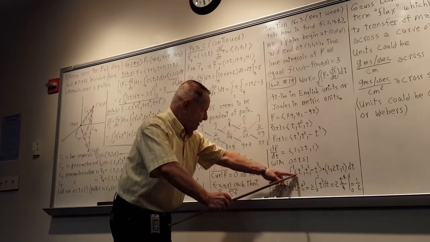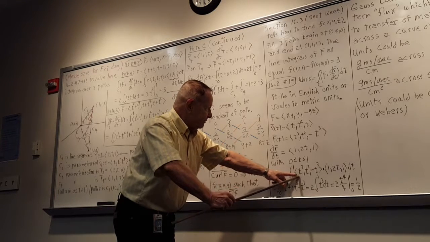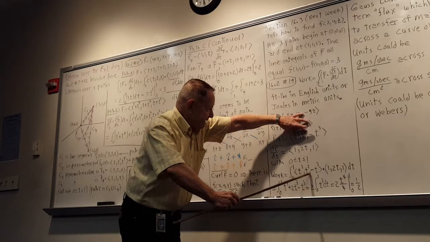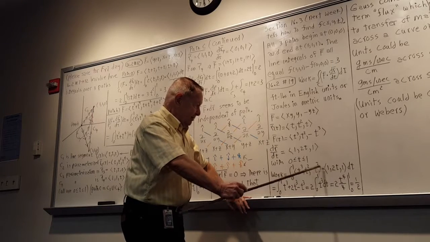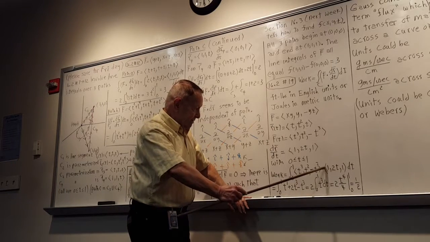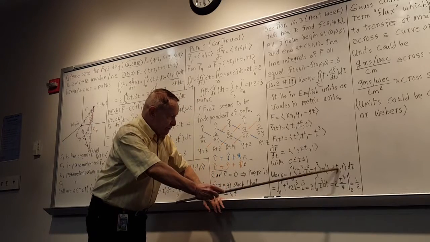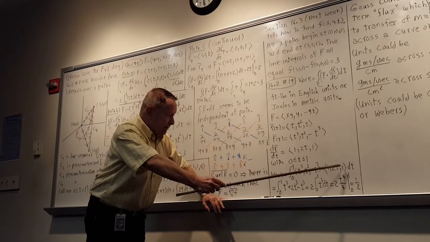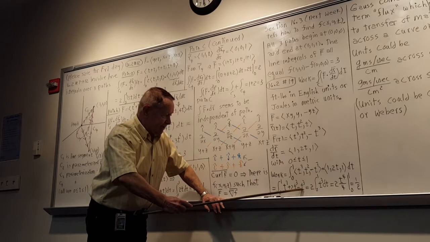Well, okay, here I've written the dot product out. So I've copied here the f of t and the dr dt. Then I do my dot product. This times that is t cubed. 2t times t squared is 2t cubed. 1 times minus t cubed is minus t cubed.